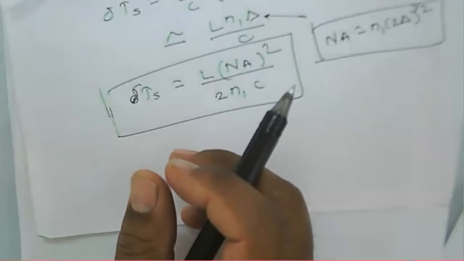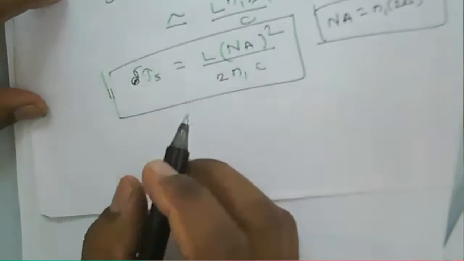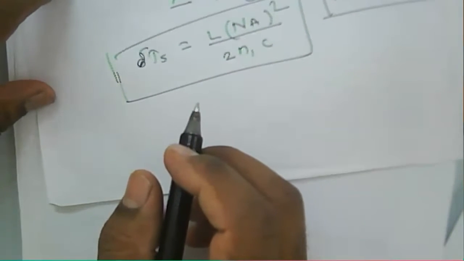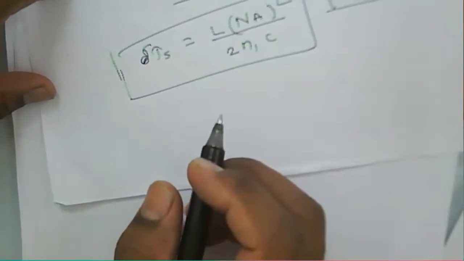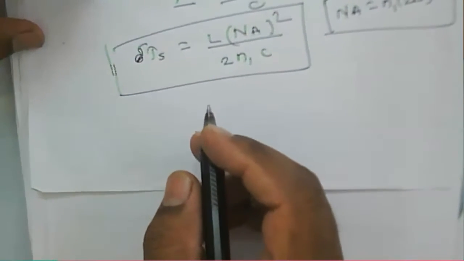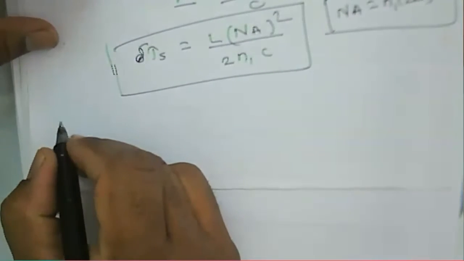So now using this delay difference, we can write the RMS pulse broadening due to the intermodal dispersion.